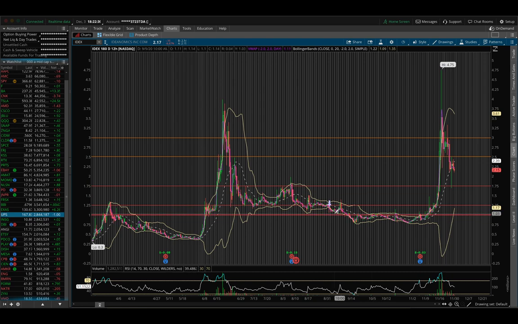So I'm using VWAP, Bollinger Bands, RSI, volume, and that's it. Sometimes I use EMA9 instead of Bollinger Bands. I don't use MACD. That's just me.